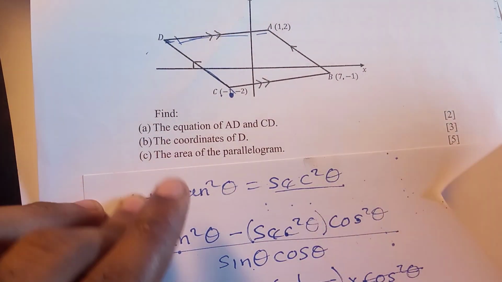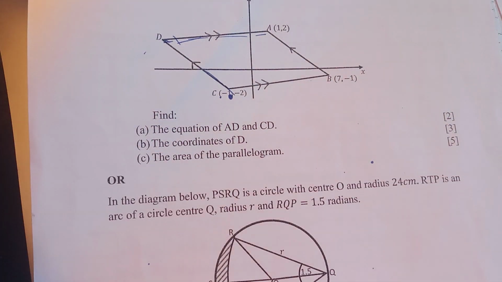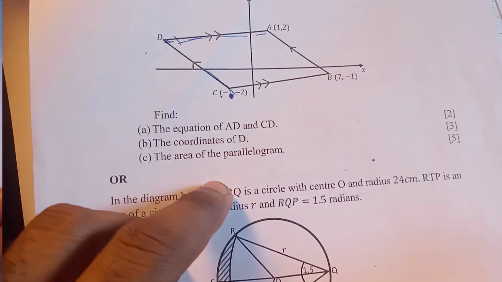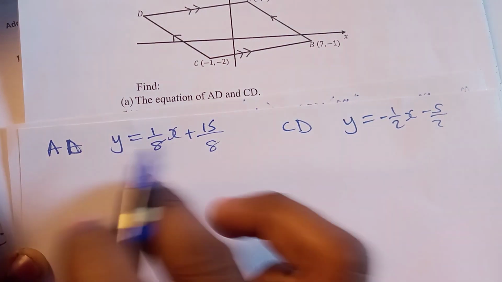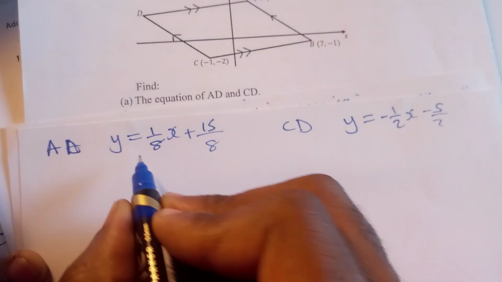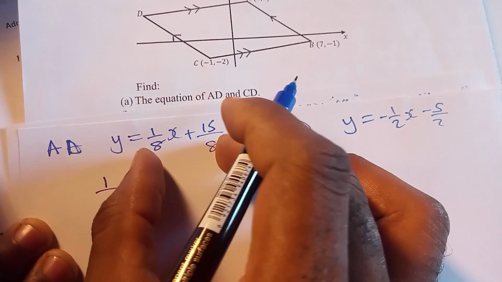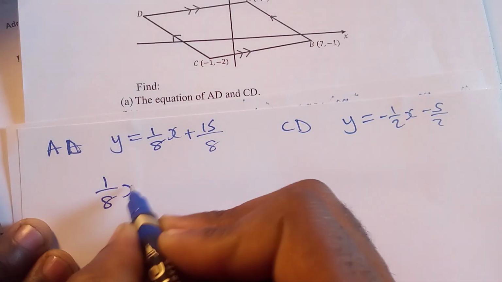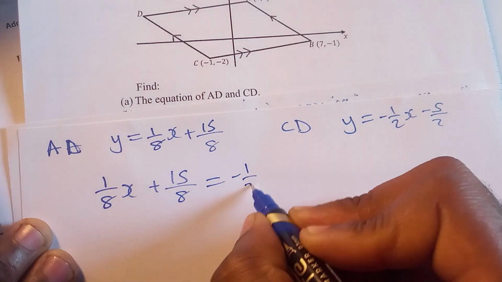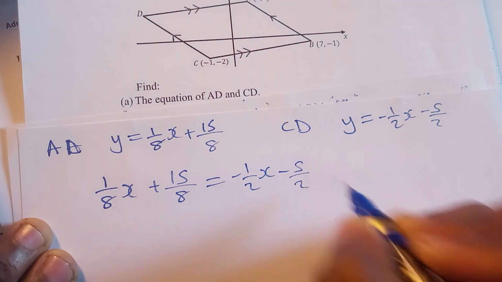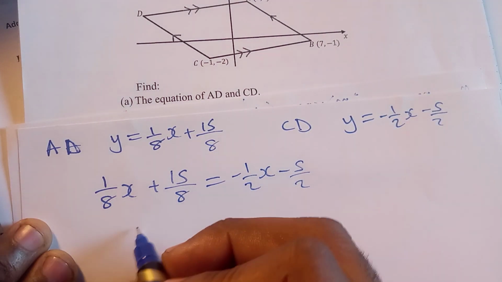And then next we want to find the coordinates of D. To find the coordinates of D, you simply solve these two equations simultaneously. So I believe you already know what to do here. I'll just substitute this in there. To make it easier, I'll first add these.